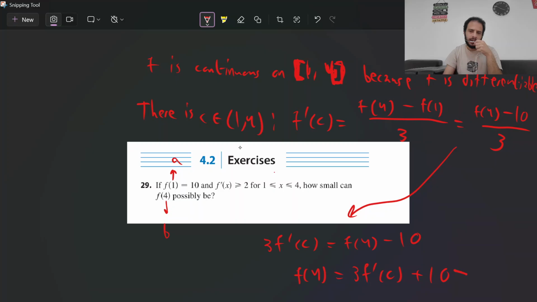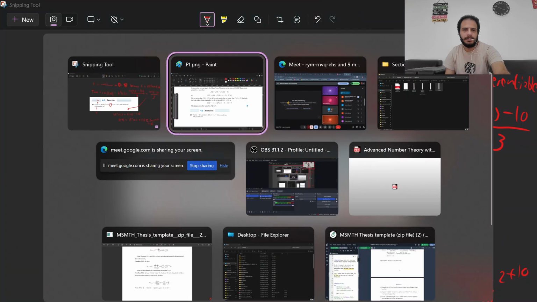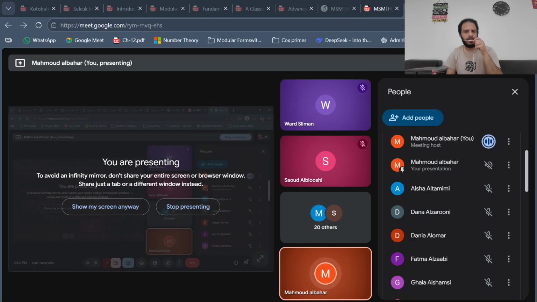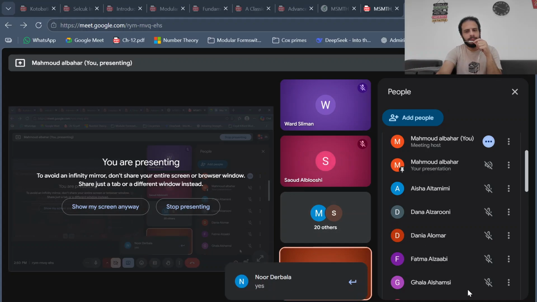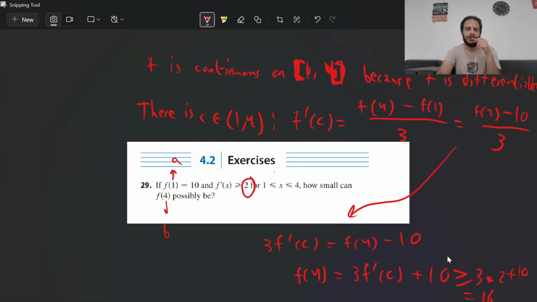So we need to write greater than or equal to 3, keep it as it is, but the derivative is greater than or equal to 2, right? So 3 times 2 plus 10. Keep 10 as it is. You get 16. Are you good with this? Okay, let's continue.